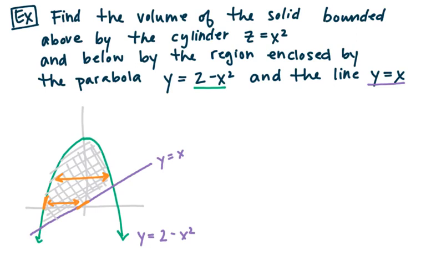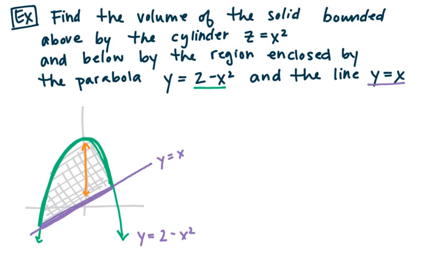So we do not want to integrate with respect to x first. It makes far more sense to integrate with respect to y, because here we have a very clear above function, which is this parabola, y in terms of x, and then a bottom, which is the line.